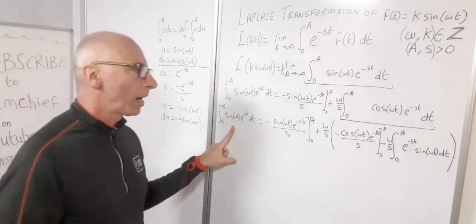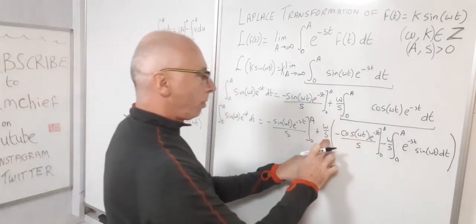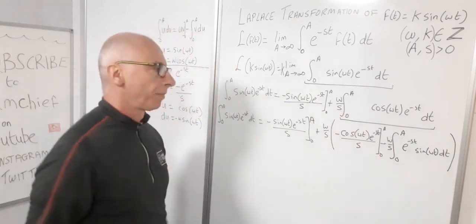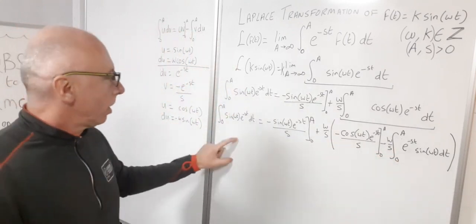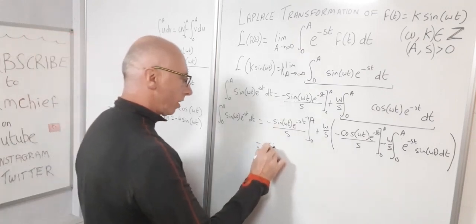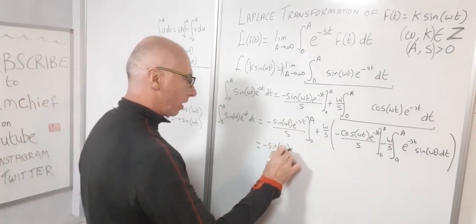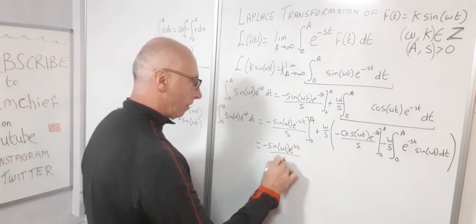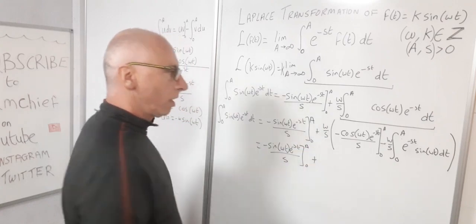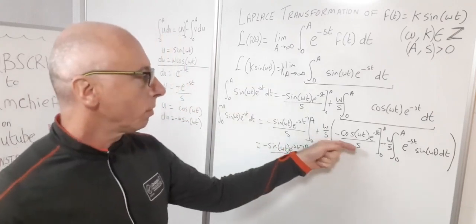So let's just do that. So my ws will be distributed with all of this. So let's write that out underneath. So I've got minus sine wt e to the minus st over s, 0 to a, plus, right, let's just distribute ws with all of this.